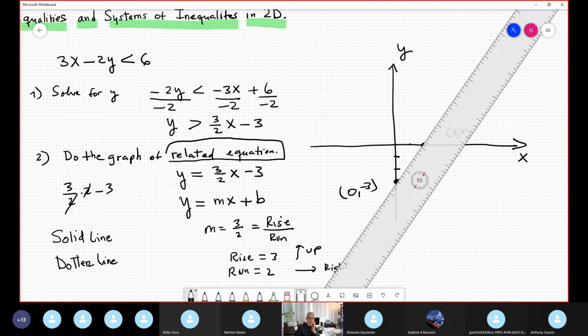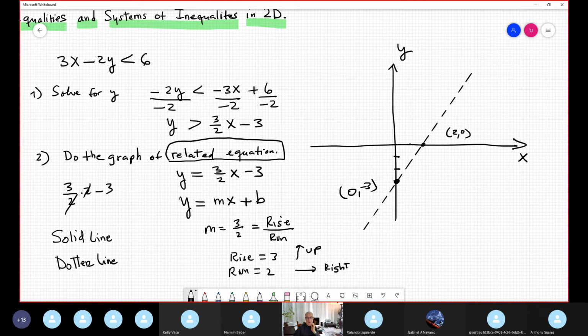And the symbolic way to indicate this idea is using a dotted line. It's like two countries separated by a boundary, and the boundary doesn't belong to any country, or at least the solution.